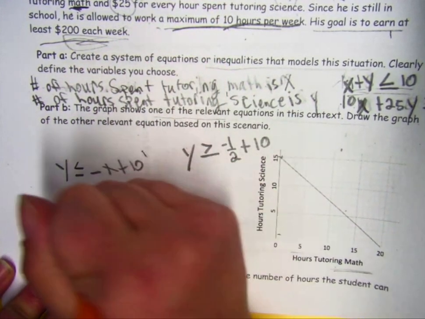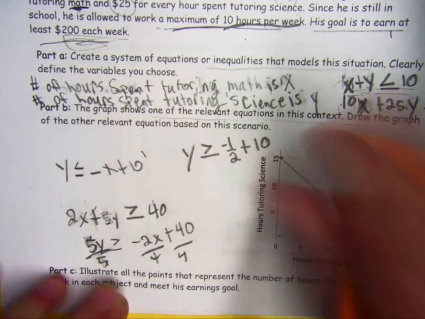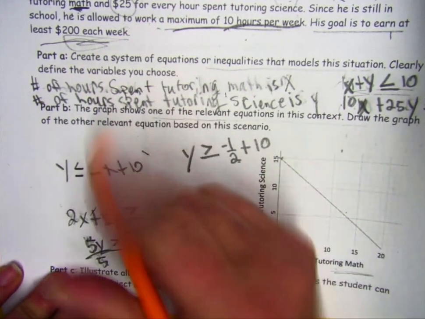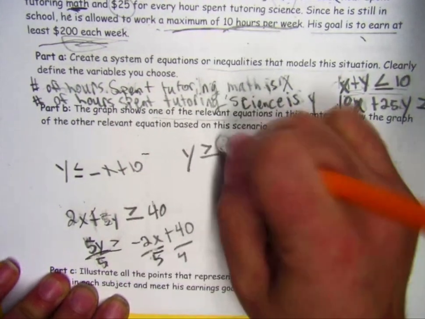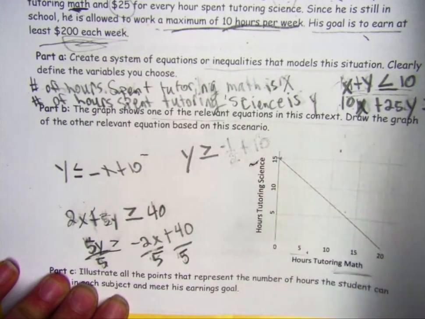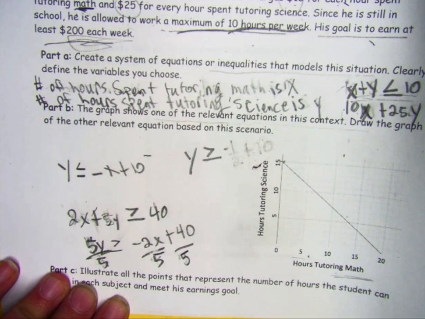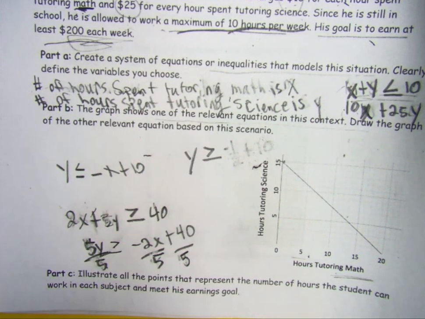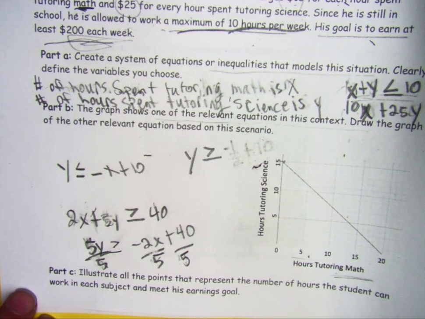All right. So this is a 5y, and this is a 5, so this doesn't become a half. I'm doing something wrong.